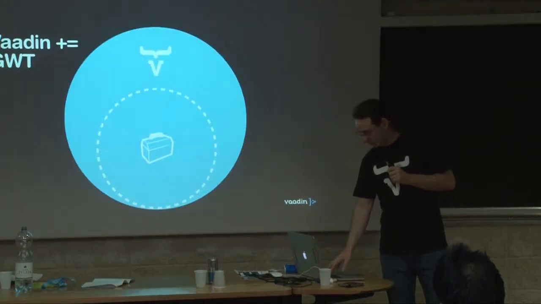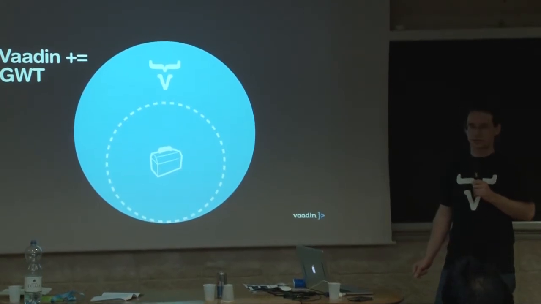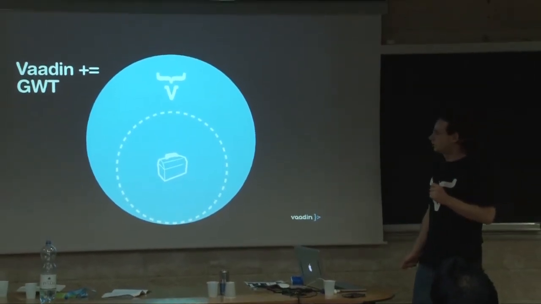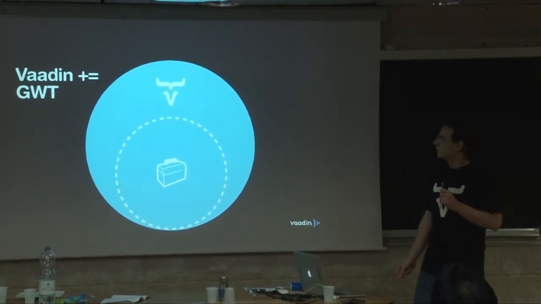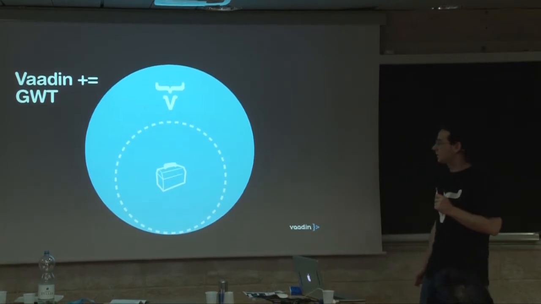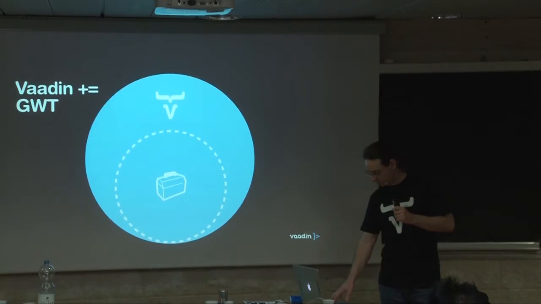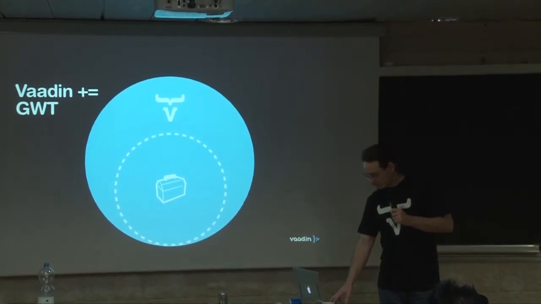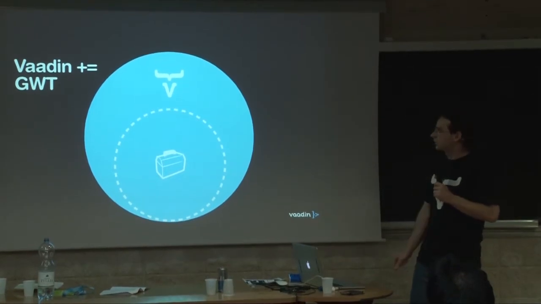However, starting from Vaadin 7, GWT was included in Vaadin, and we forked GWT, and we also fixed some things in GWT which are still not fixed in the official GWT distribution. And our release cycle is more frequent.